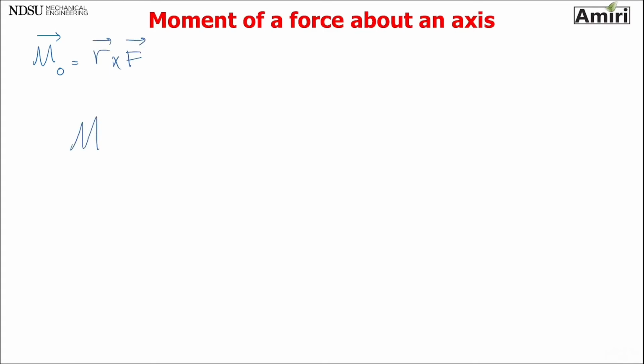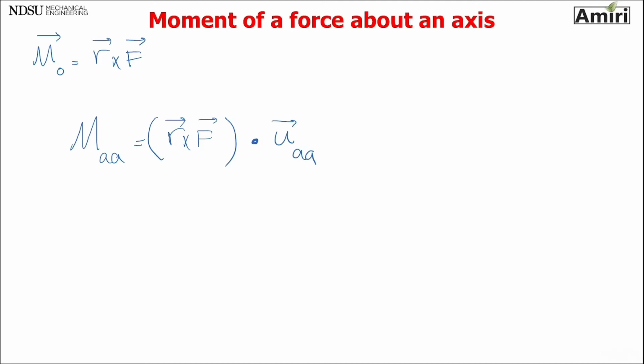Moment about an axis is R cross F, dotted with the unit vector of that axis.